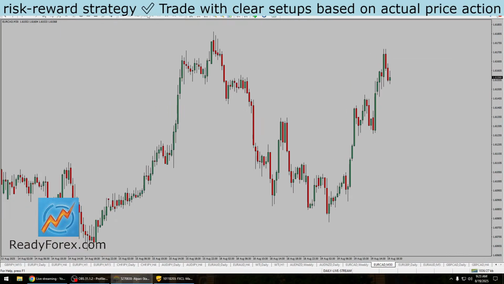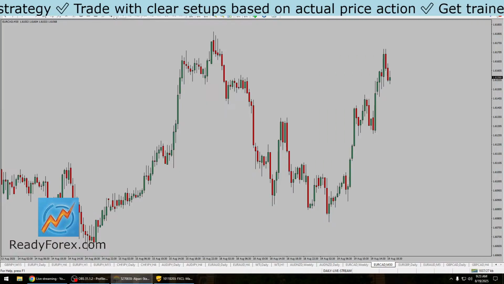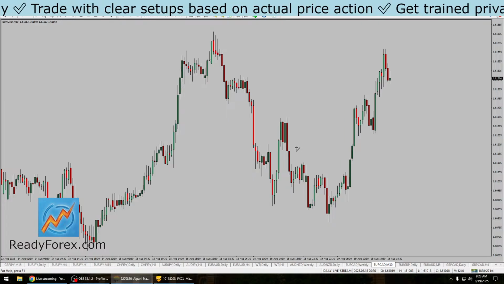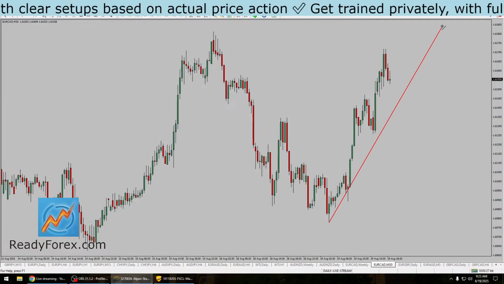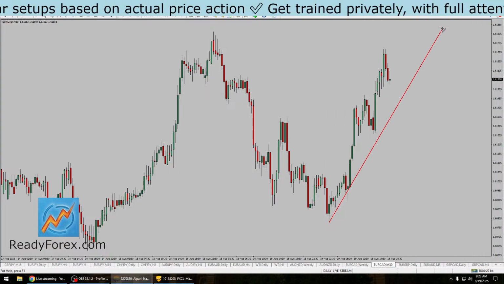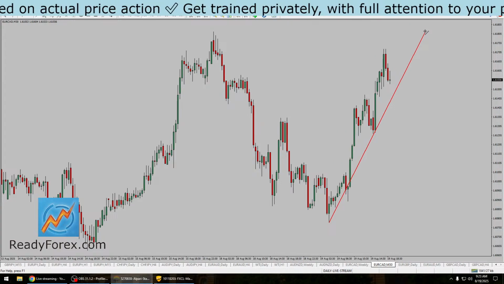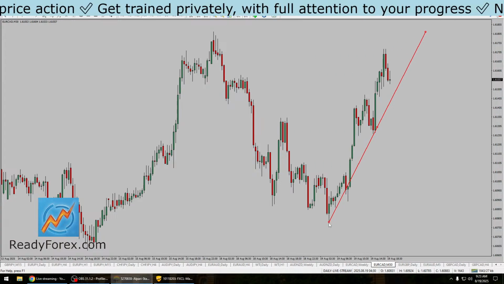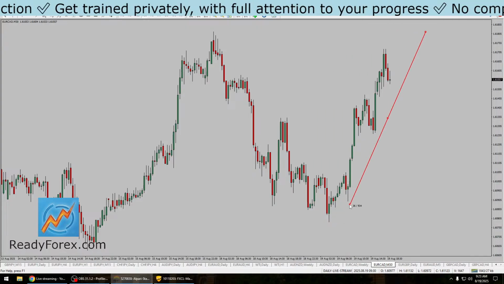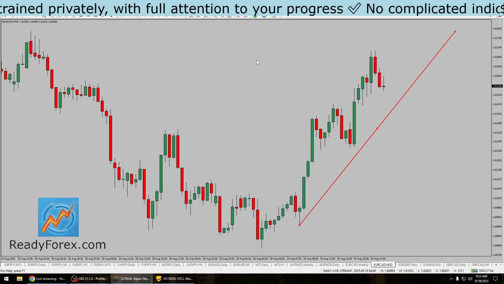In smaller time frame, actually there is kind of a potential sell trade setup, and we need to draw some trend lines over here. So this is the lower trend line. I'm going to adjust this trend line a little bit.